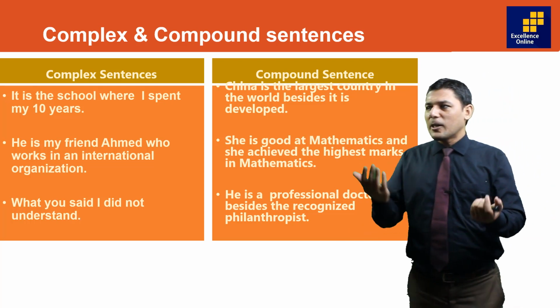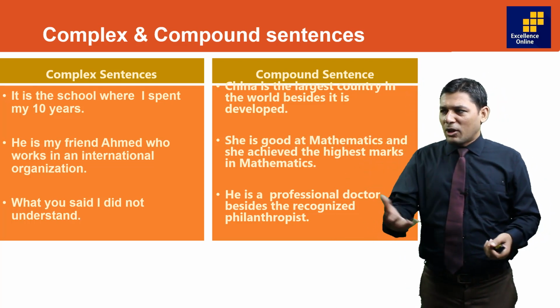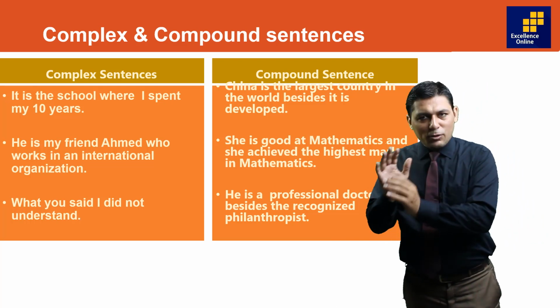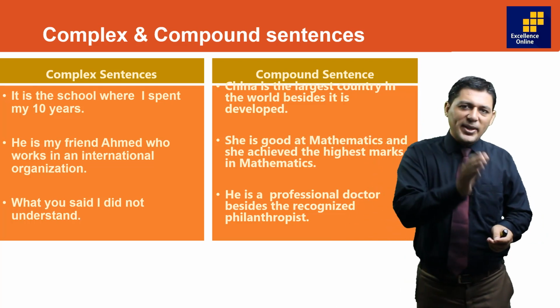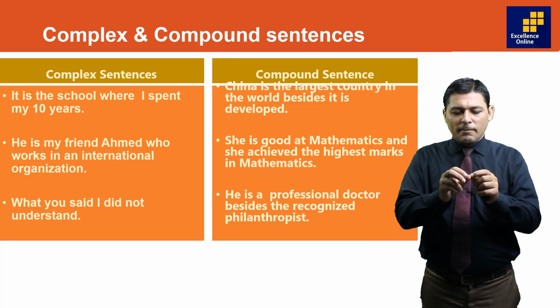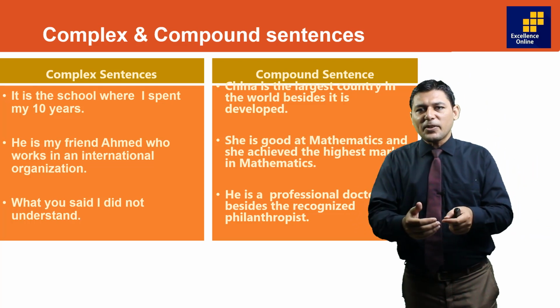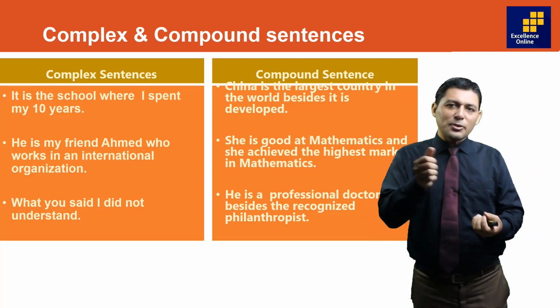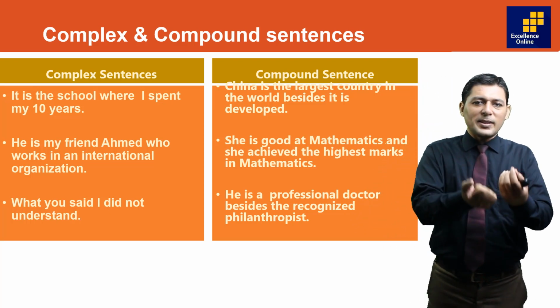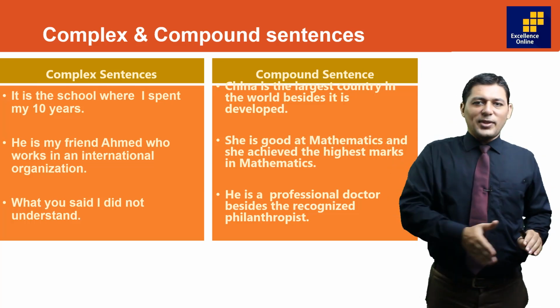It's known as a compound sentence. Right? He is a professional doctor besides a recognized philanthropist. Both parts have their own meaning without the help of the other part. Compound sentence: a sentence which has two clauses or more, but each has its meaning by itself without the help of the other part of the sentence.